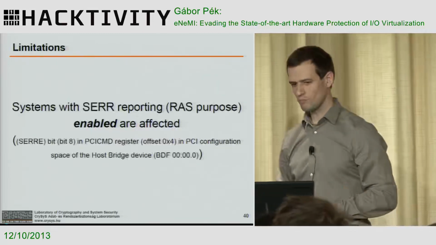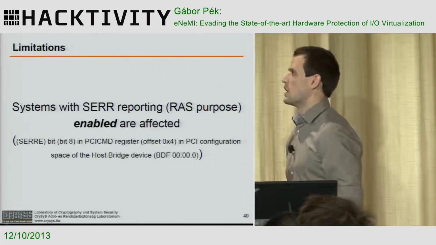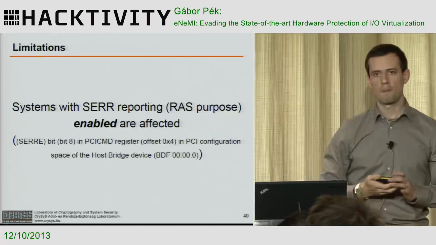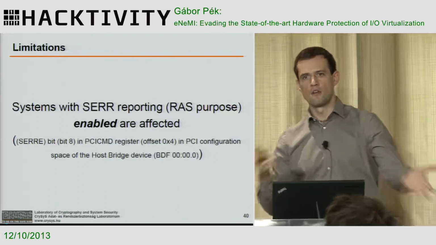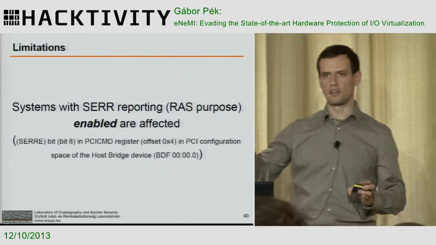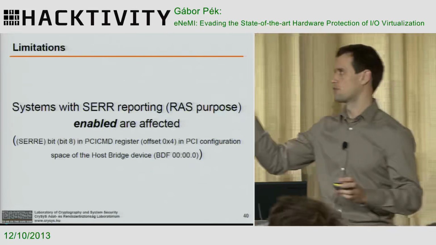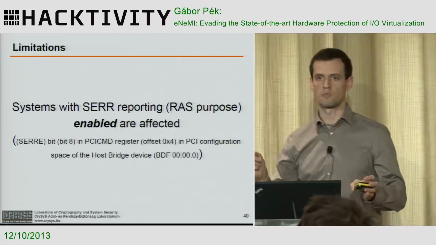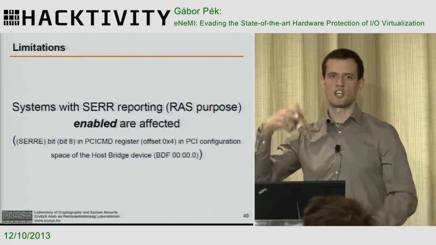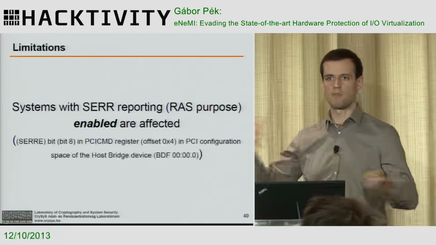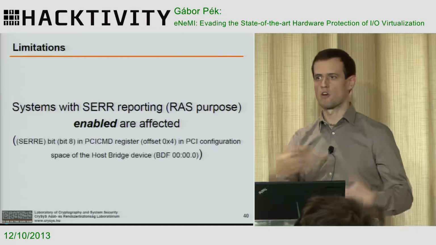Limitations. System error reporting has to be enabled on the system. From the attacker's perspective, this is a good thing because this kind of reporting is enabled on servers most of the time. But Intel suggests disabling it. On server parks, this is enabled because system error reporting is important.